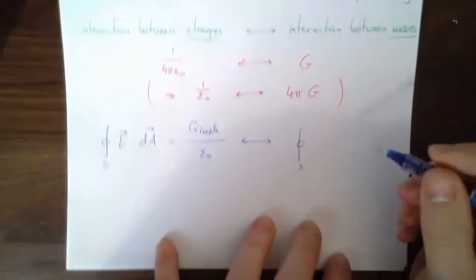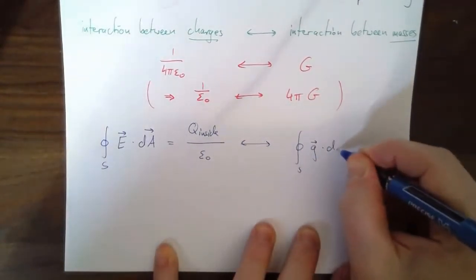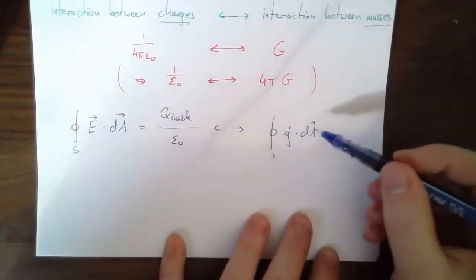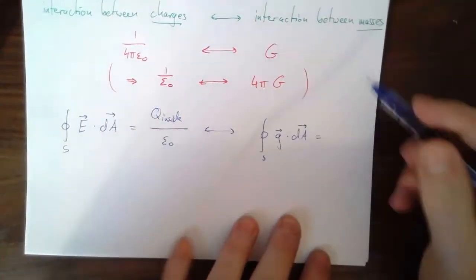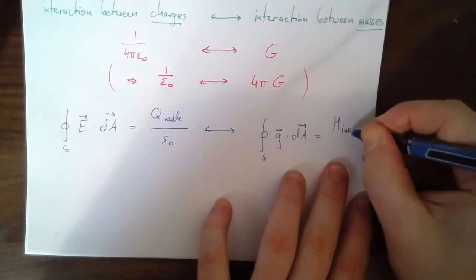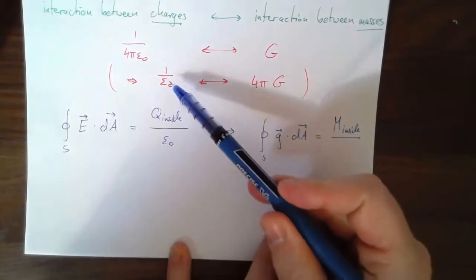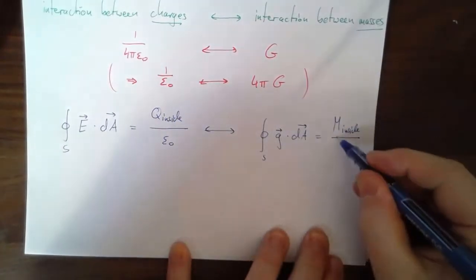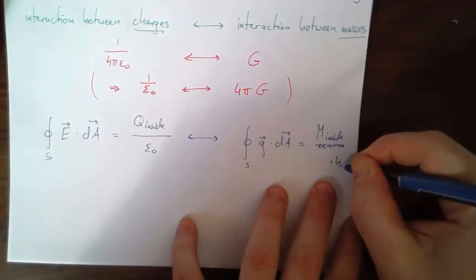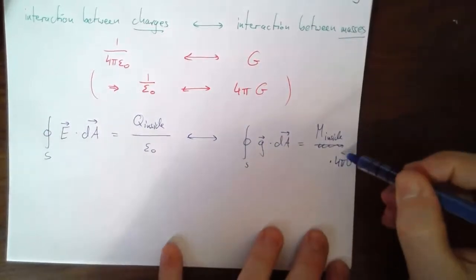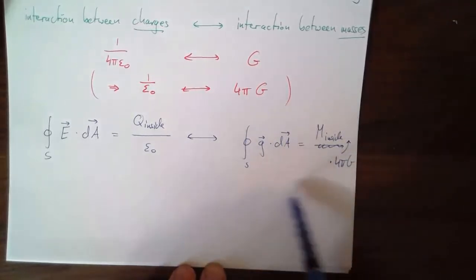With some closed surface, I don't have an electric field, I've got a gravitational field, but I'm still integrating over the little chunks of area making up that whole sphere. And now it's not a charge inside, it's the mass inside, divided by, well, it was epsilon naught here, but 1/epsilon naught is 4πG. So actually, I'm just going to multiply by 4πG, right? So it doesn't quite fit. Mass inside times 4πG. That's Gauss's law for gravity.